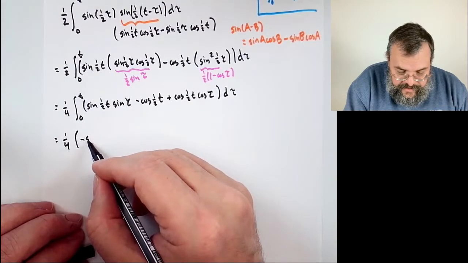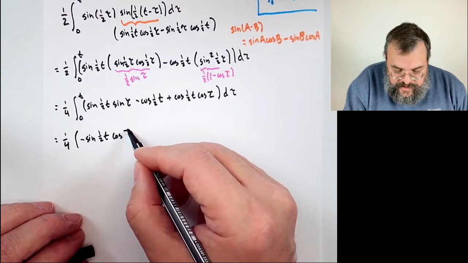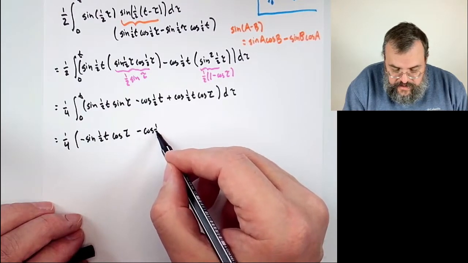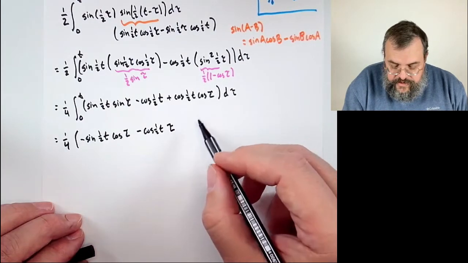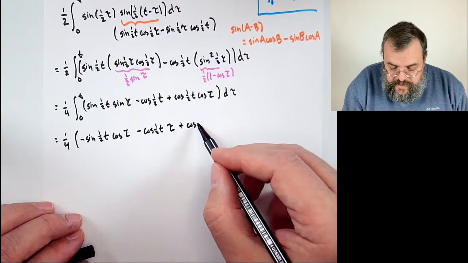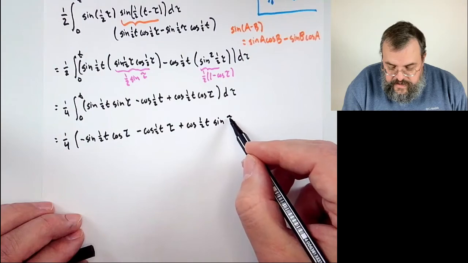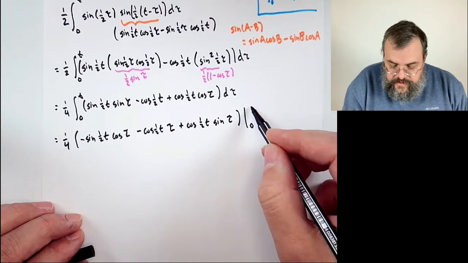So minus sine 1/2 t cosine tau. Here, minus cosine 1/2 t tau. Integral of cosine, positive sine. Cosine 1/2 t sine tau. Evaluate 0 to t.